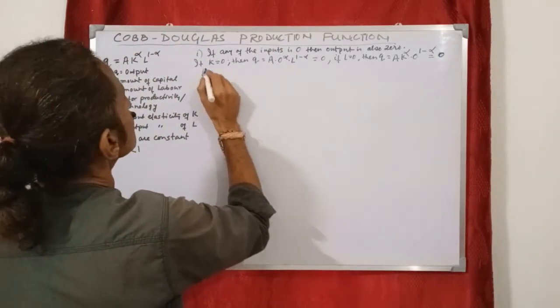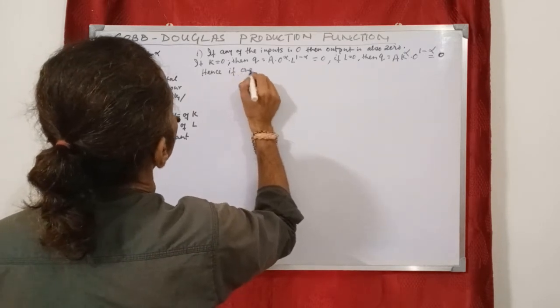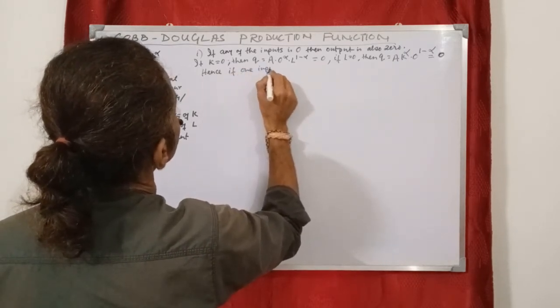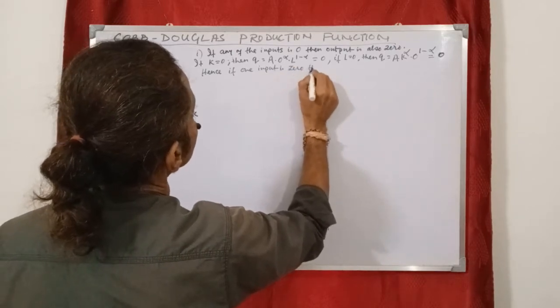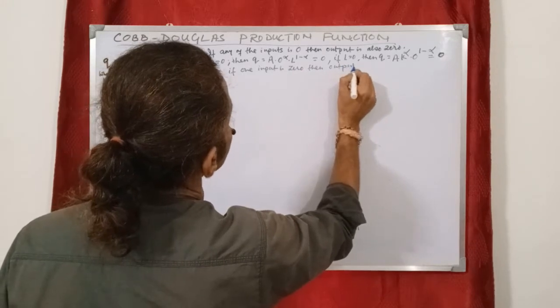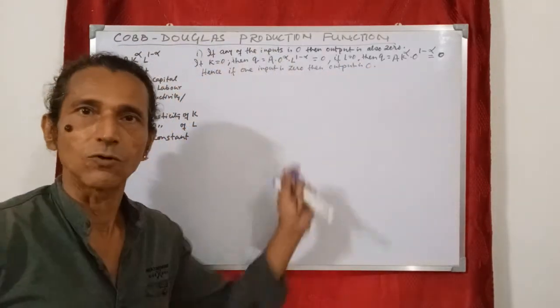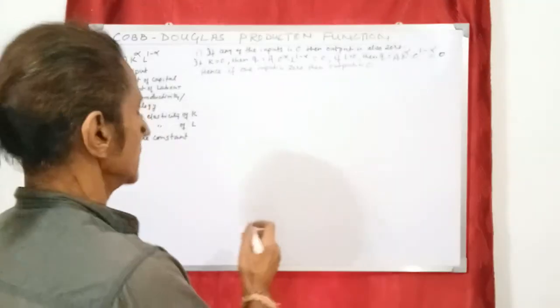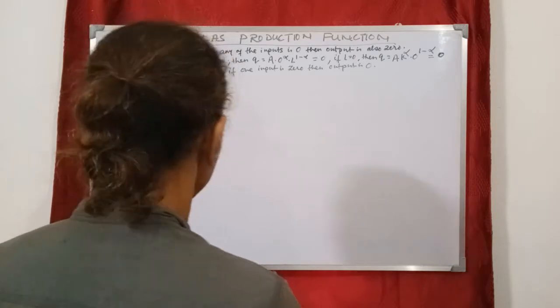Hence, if one input is 0, then output is 0. This is characteristic number 1. What is characteristic number 2?